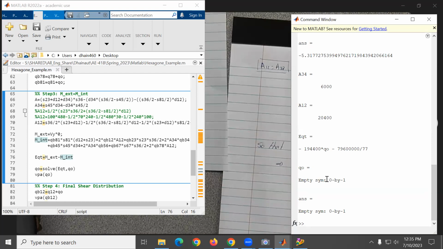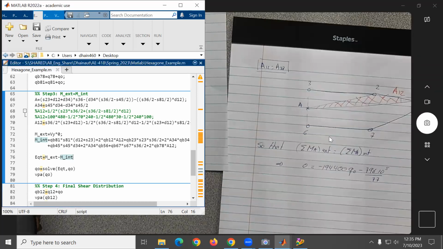Okay, it didn't solve Q sub naught here. But let's go step by step. So this is what I have. Now we can solve for Q sub naught.